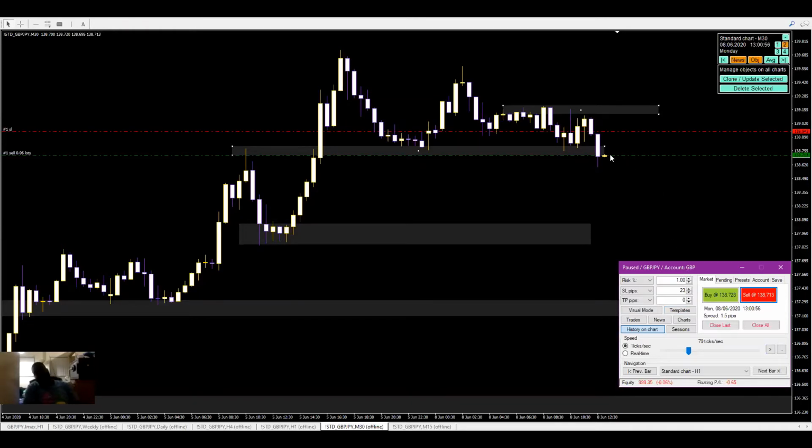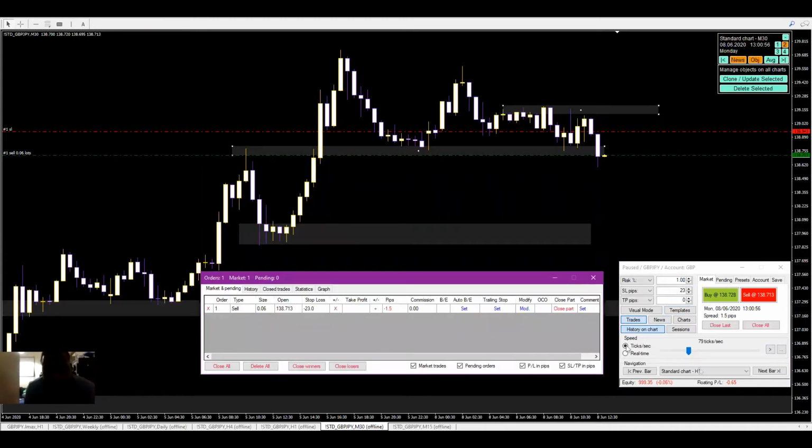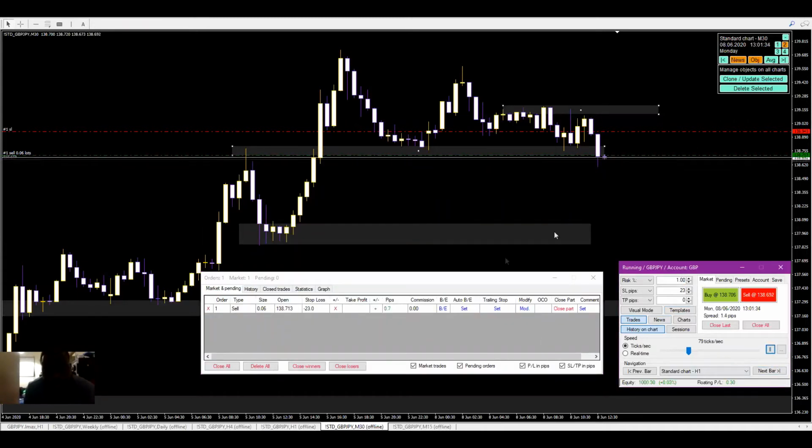So I'm clicking sell and you can see I'm activated in this order. My stop loss is this red line here. So that's how the simulator works. And this is my little trade box, so you can see how many pips in profit or loss I am.